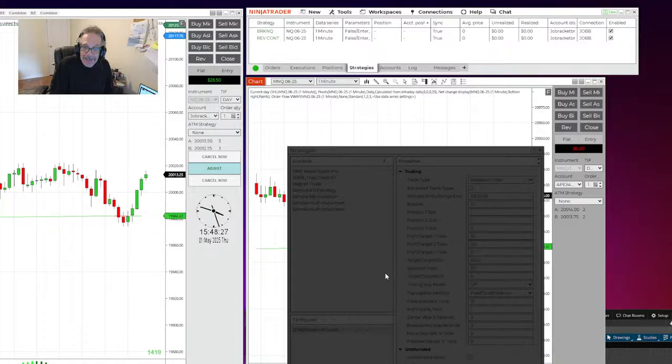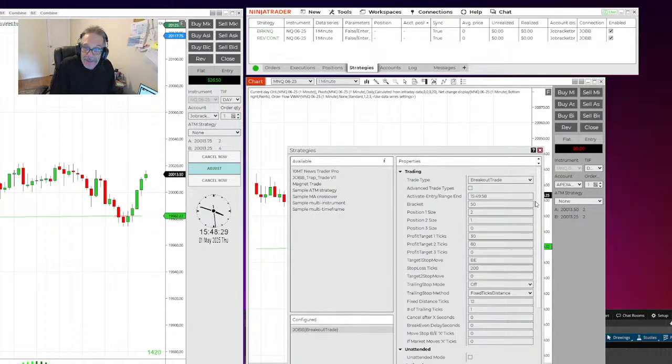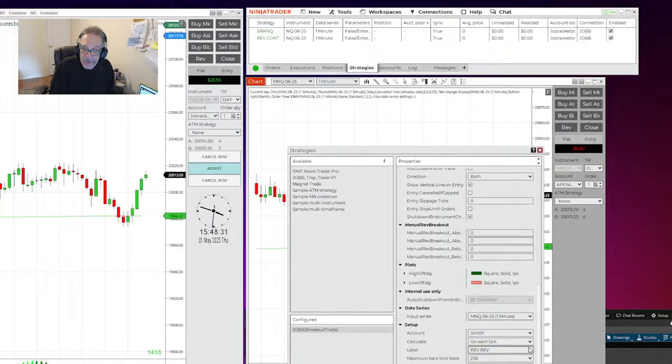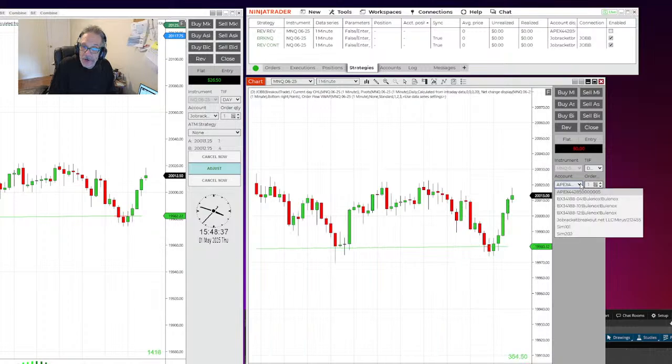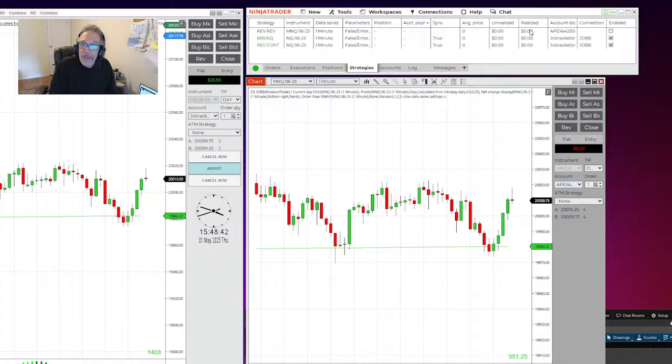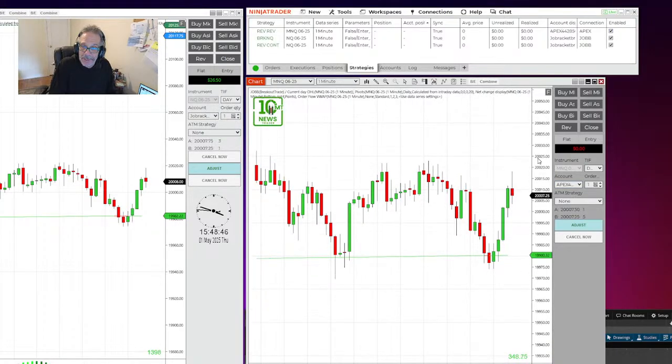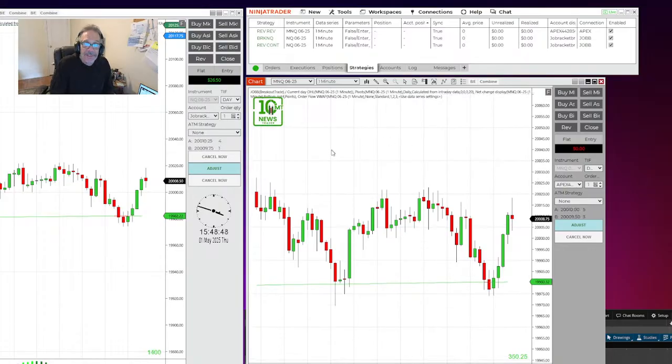End of the day, NQ breakout. There it is. Put it on Apex. Apply it. Okay it. Chart on Apex. It's not labeled properly, but that's okay. Gonna leave it that way. Let's see if it works today. You never know.